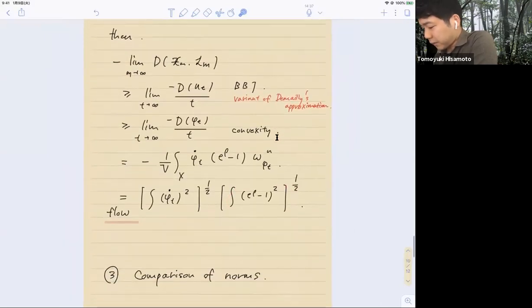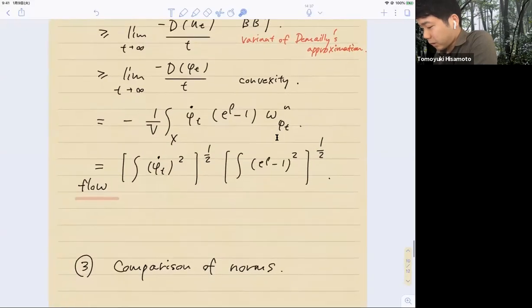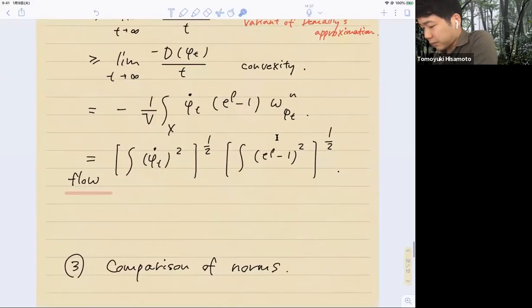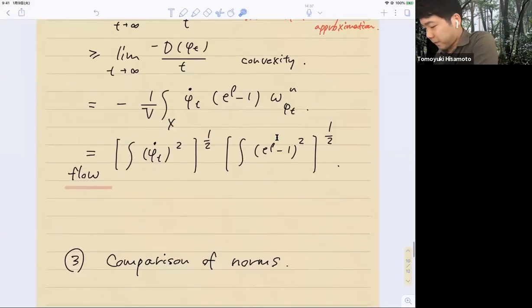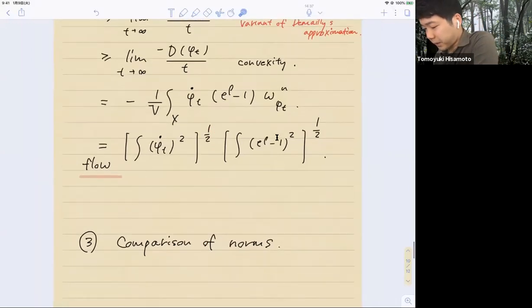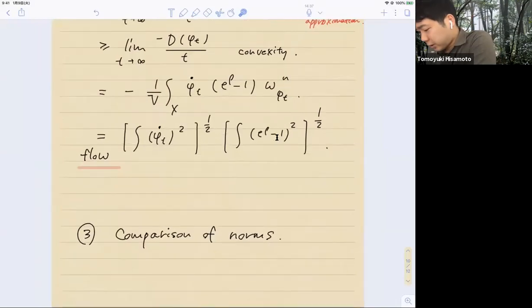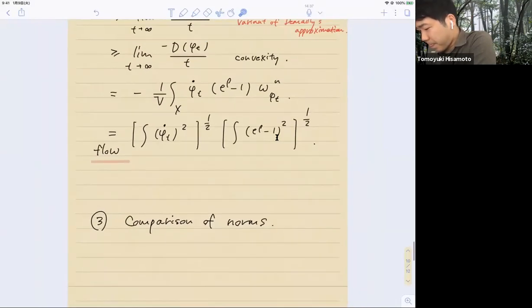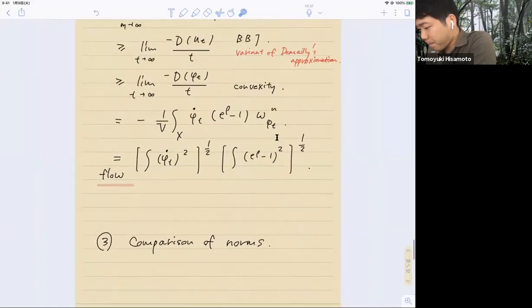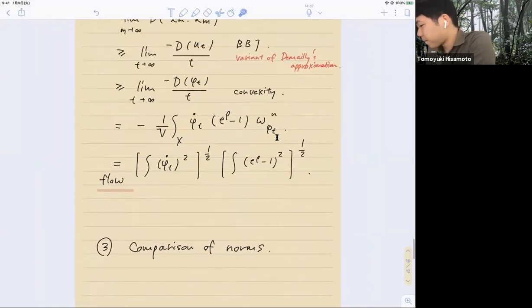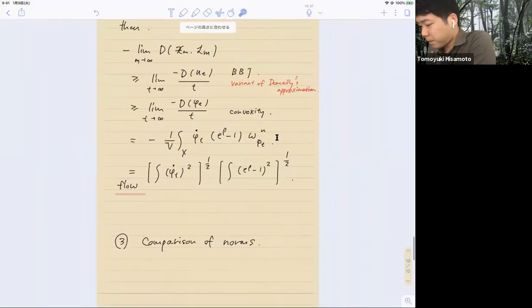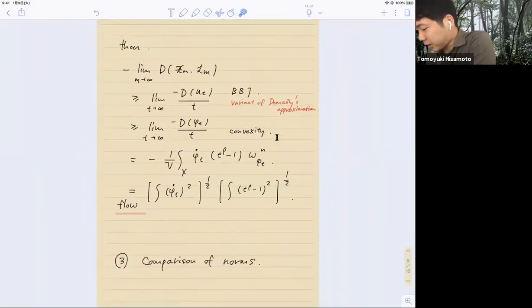But of course, we have to do a little more about the norm here. This is some analytic part. The final step is some comparison of norms that I omit today. So that finishes the sketch of the proof.